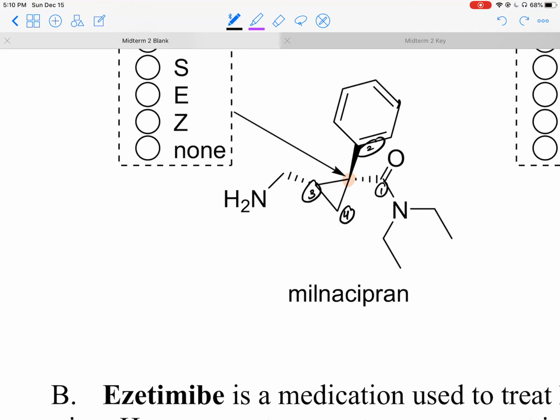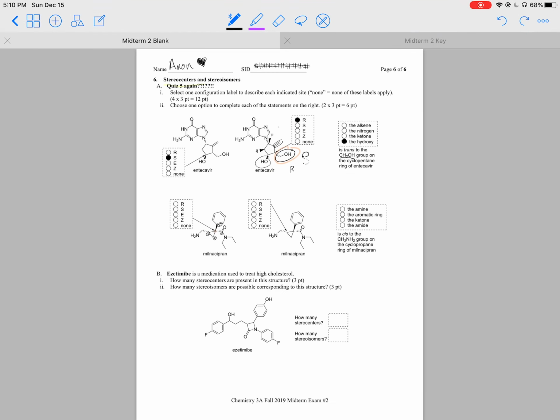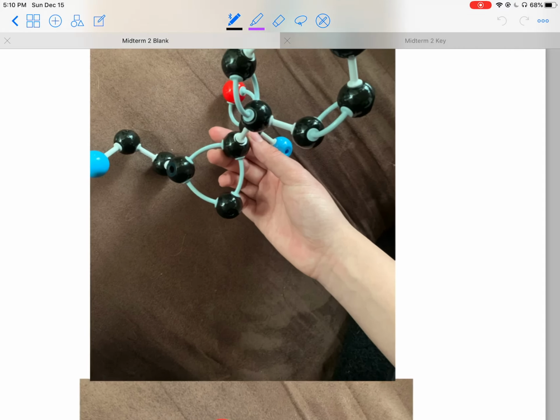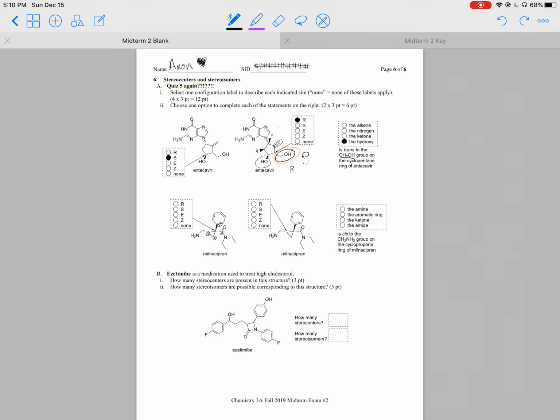One way, okay, so you can't have a model kit in class, but I decided to use my model kit to prepare for this question because I feel like it's going to be hard to visualize if you're not used to that. So let's look at this picture that I have. This is the way the molecule is already set up.